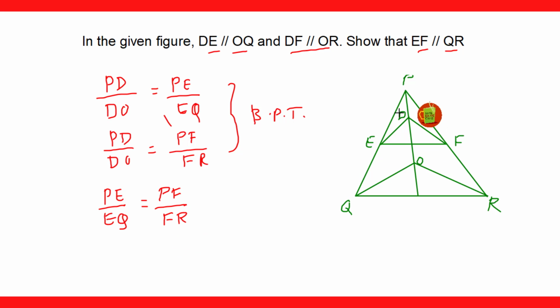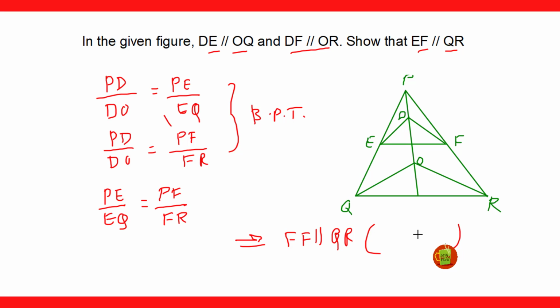And since these ratios PE upon EQ and PF upon FR are equal, by the converse of the basic proportionality theorem, EF is parallel to QR.